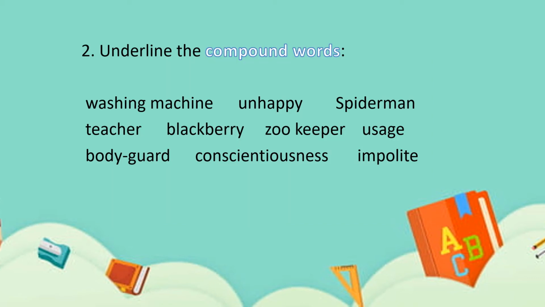I have another exercise here, which is underline the compound words. From what I have told you about before, I'm sure that you will answer this question and you will distinguish between either it has a prefix, a suffix, or it is a compound word.